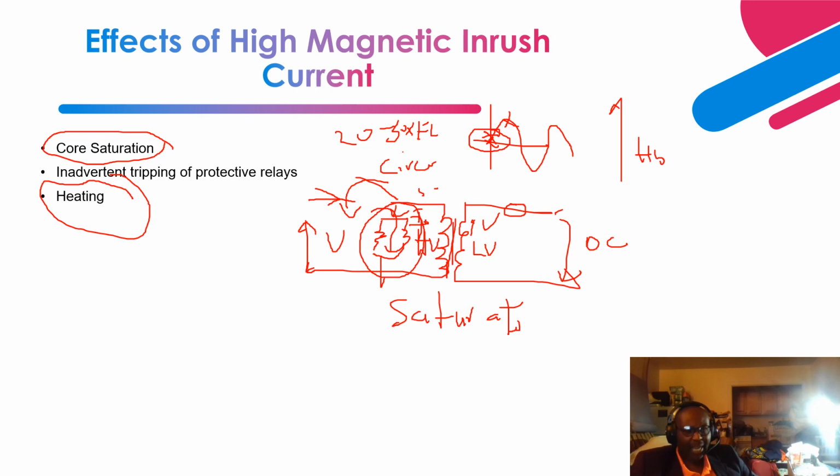That is why we don't want the core to be saturated, and there are measuring schemes out there that are able to identify a saturated core. On the other hand, it can also cause measuring instruments to detect erroneous measurements and cause protective relays to trip based on that.